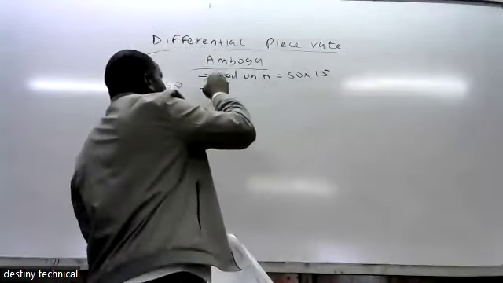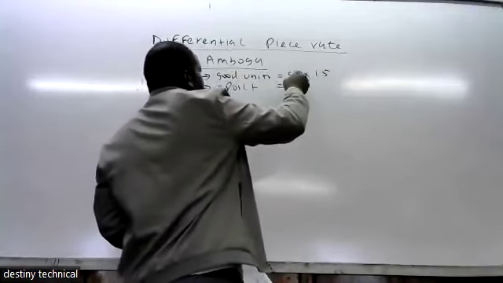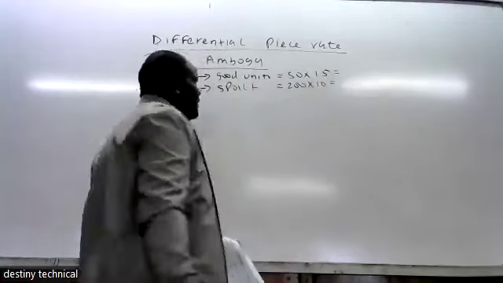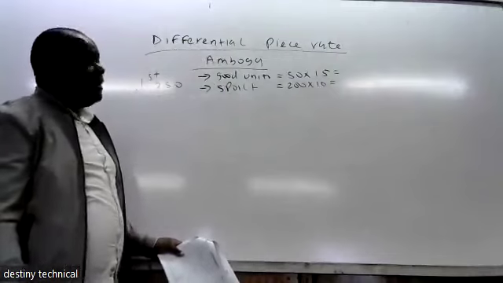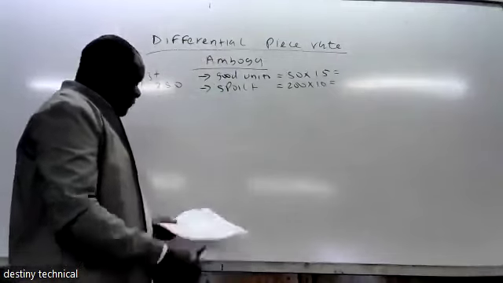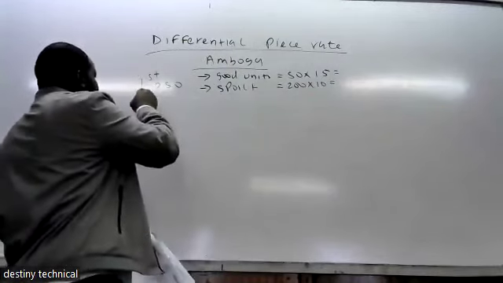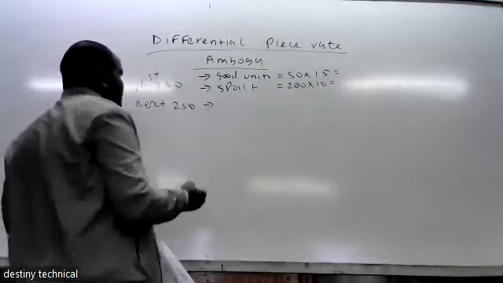Then we have now the spoiled. So the spoiled are now the 200. This one they pay 10. So that's now the first 250. Then the next 250.